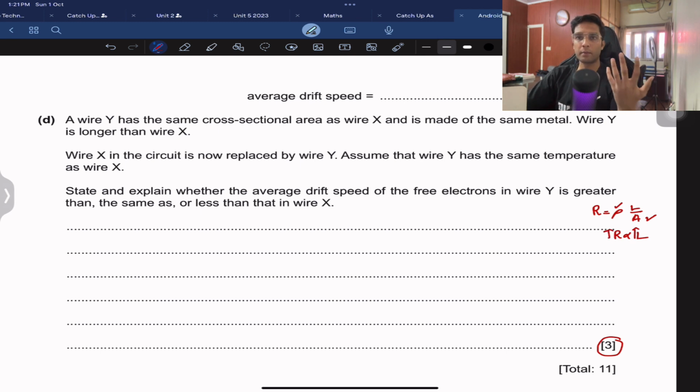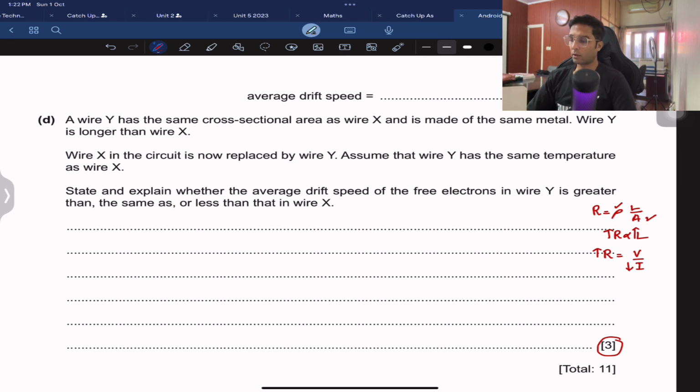Then the next thing I'm going to think about is what impact it will have on the current. The current has a relationship with resistance like this. So if the resistance increases, obviously the current is going to reduce because they are inversely proportional. You might know this as well.